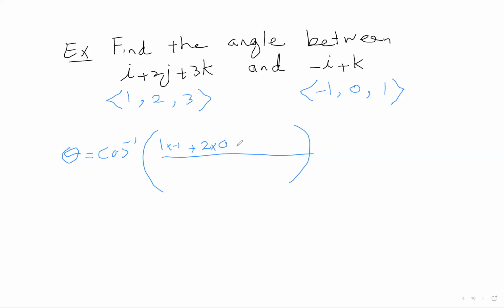And plus 3 times 1. At the bottom, the length of this vector 1, 2, 3, which is radical of 1 squared plus 2 squared plus 3 squared. And the radical of the length of the other one, the radical of minus 1 squared plus 0 squared plus 1 squared.